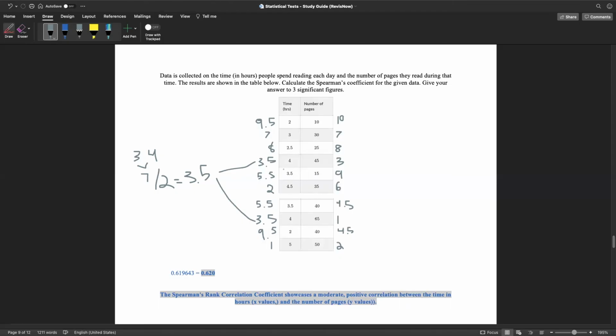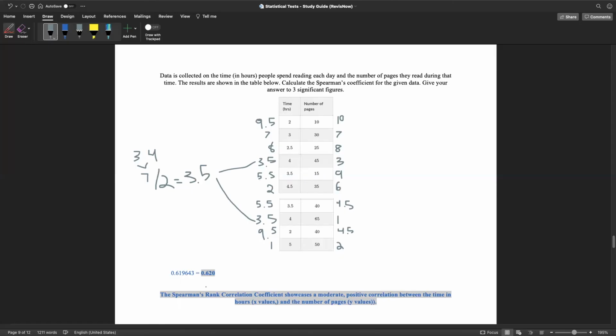So keep going down, since 3 and 4 are taken, it's next 5 and 6, same process, 5 plus 6 equals 11 divided by 2 equals 5.5. And then you keep going, same thing over here. Largest value 1, second 2, and then 3 and 3. And then you have 4 and 5. Since they're the same number, add them, divide them by 2, there's your rank.